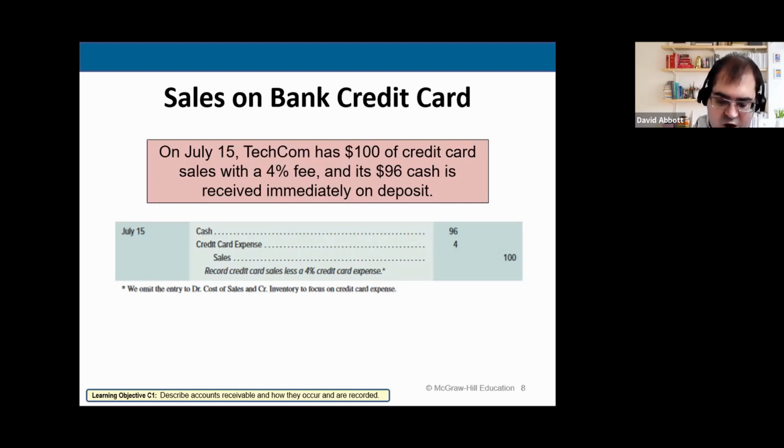The difference of $4 represents the 4% fee that TechCom has to pay for allowing customers to use a third-party credit card. And so that $4 fee would be debited to credit card expense, because that's an expense of doing business. Usually that is just deducted from what the business receives from the credit card processor.